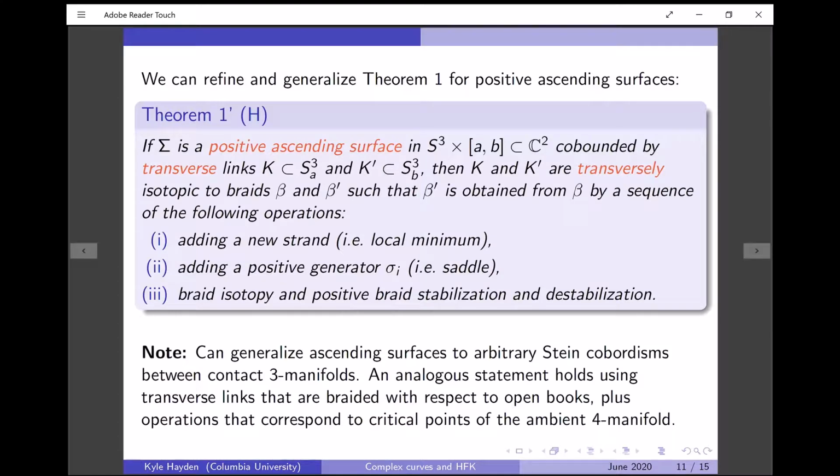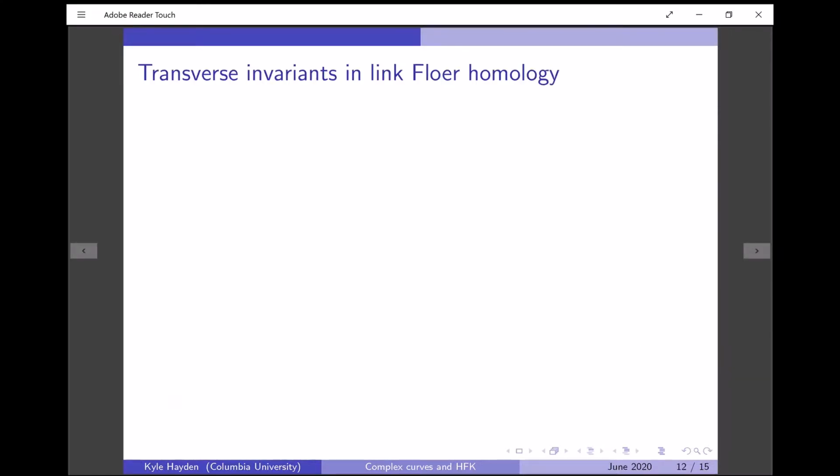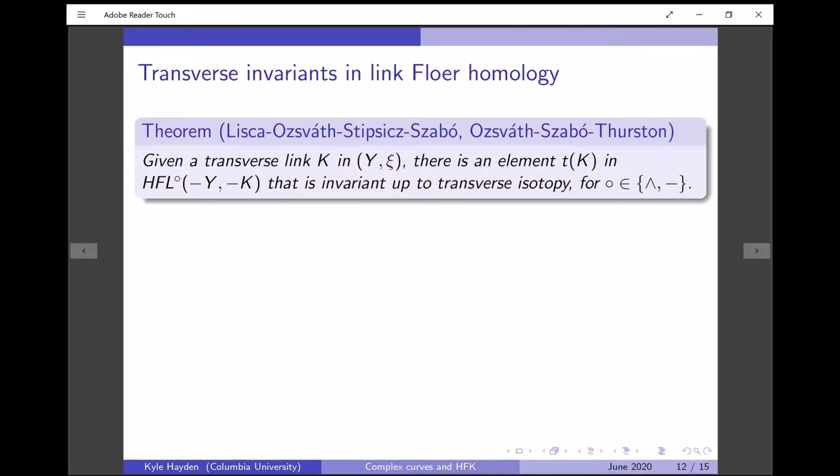Okay. And so for the final chapter of this story, I want to take these results and relate them to transverse invariance and link Floer homology. Okay, so given a link that's transverse to a contact structure in the contact 3-manifold, you can naturally assign to it an element in the link Floer homology that is invariant of the link up to transverse isotopy.